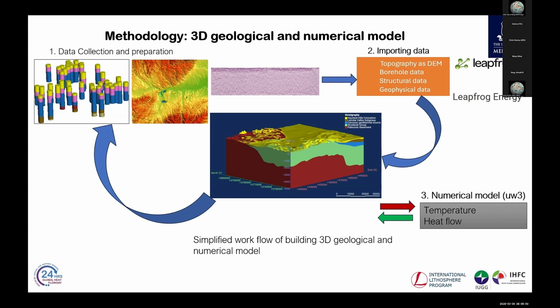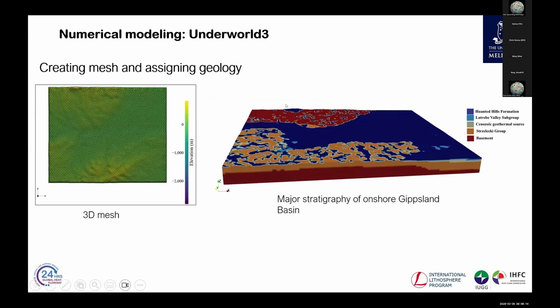After building the 3D model, we export it, and then the numerical model is done in Underworld software, which is geodynamic software, very handy for numerical simulations. Similarly, we have followed several steps to build the numerical temperature model.